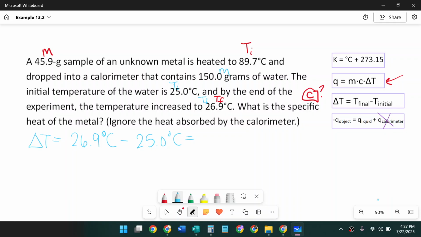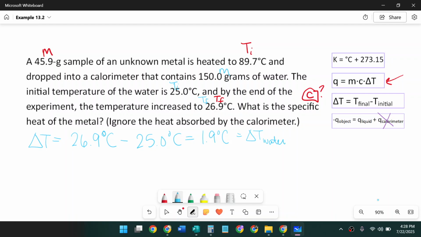When we subtract those two, we get 1.9 degrees Celsius, and that's the change in temperature. I'm going to write water so we can remember, even though I'm using a color-coded system on your paper. If you're just using one color, I really should write liquid, but in this case they told us it was water. And with precision in subtracting, we're to the tenth place, so we keep it to the tenth place.